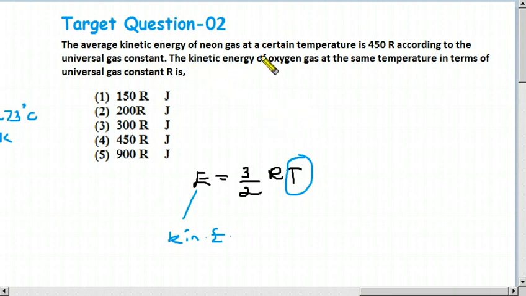So even though it is neon or oxygen, it doesn't matter if the temperature is the same. So the answer is the same value, 450 times R joule. This one is the answer, the fourth one.